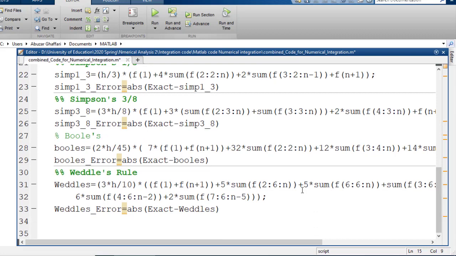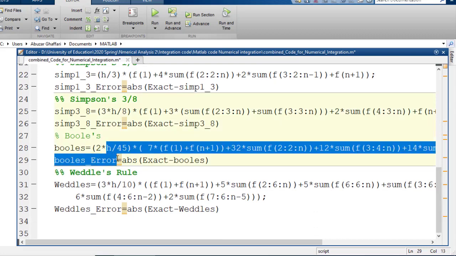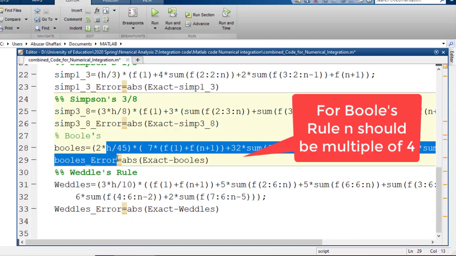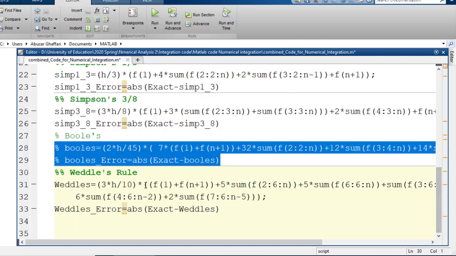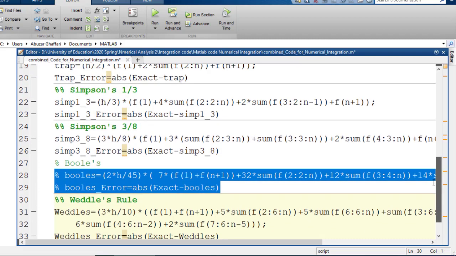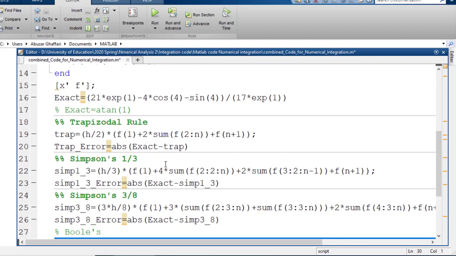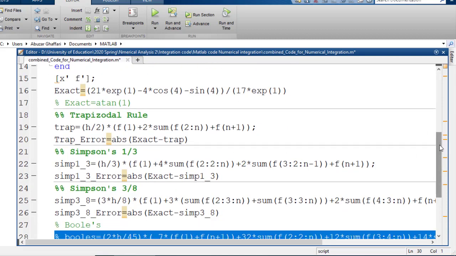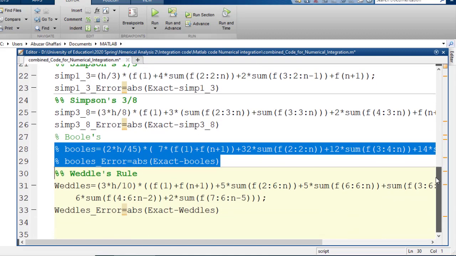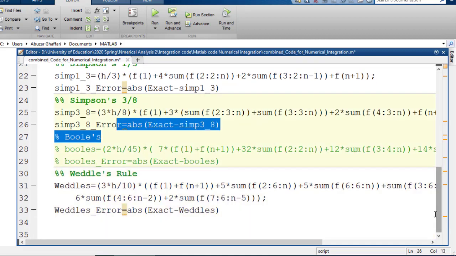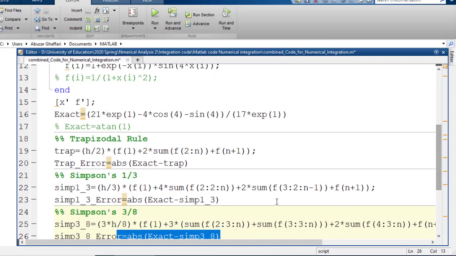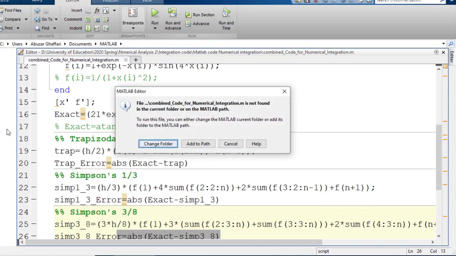For n is equal to 6, it is not possible to execute Boole's rule, so we will omit this and we will now execute Weddle's rule, and I will show you the errors with Weddle's rule, Simpson's 3/8 rule, Simpson's 1/3 rule, and the trapezoidal rule. So let's execute it.